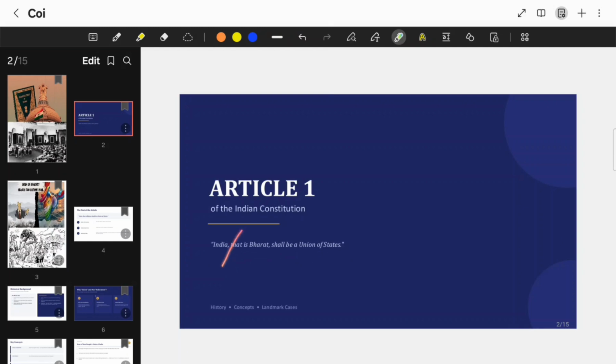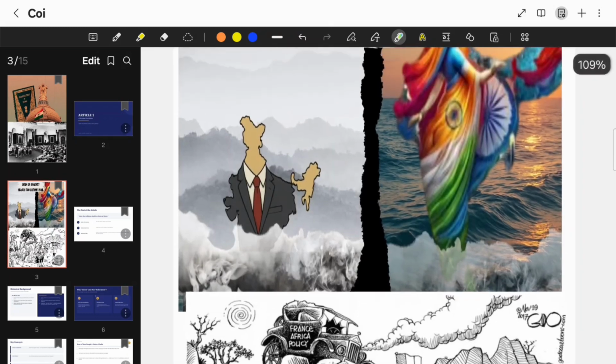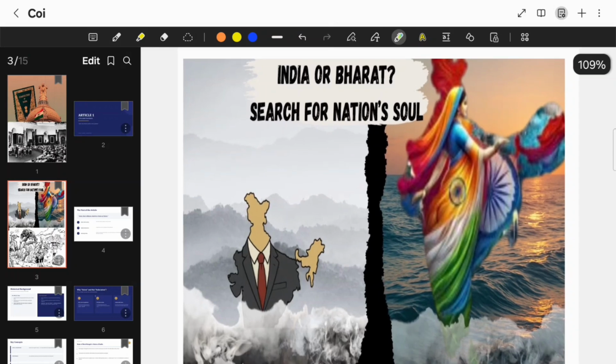Now let's deconstruct it. India, that is Bharat, a name chosen, not given. The framers didn't just name a country, they reconciled two civilizational identities into one sentence.